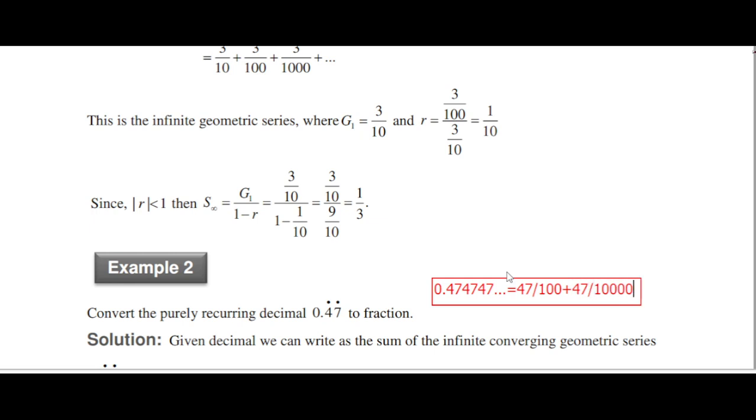Plus for the next one, 1, 2, 3, 4, 5, 6, 47 over 1 million, plus and so on. Now this is a geometric series.